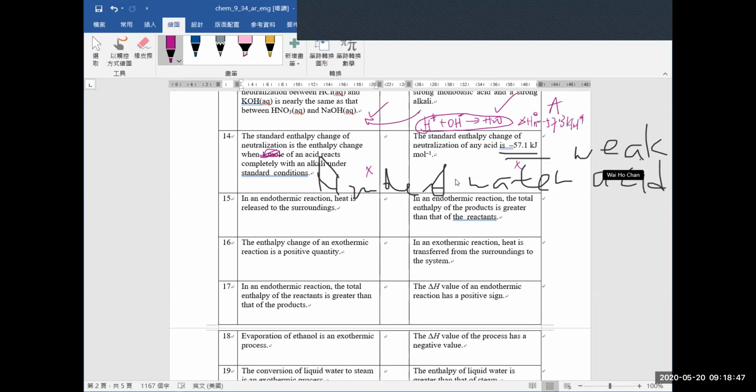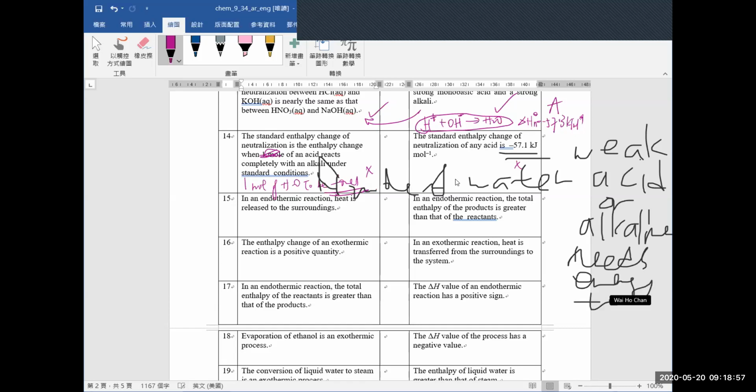You are going to tell me 1 mole of water to be formed. Okay? The first statement is, first of all, not correct. The second statement is of any acid is this. Yeah? It's minus this part.